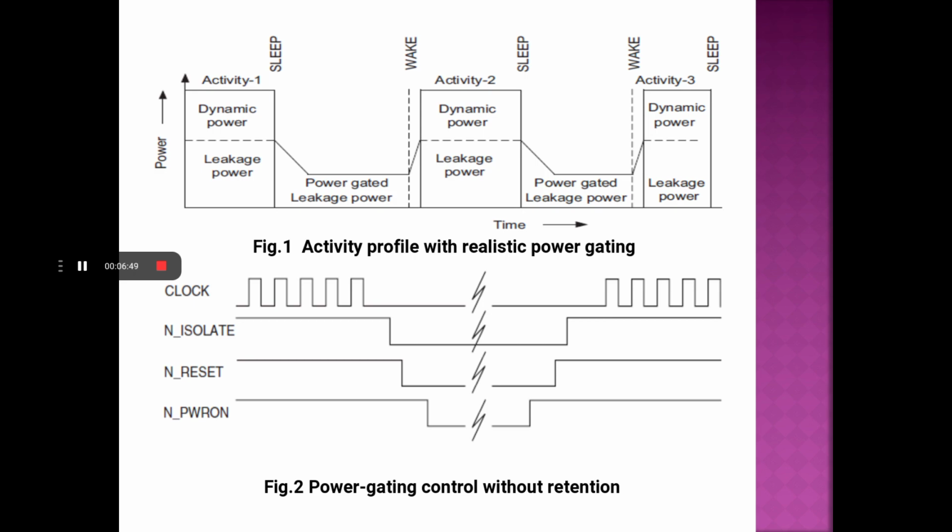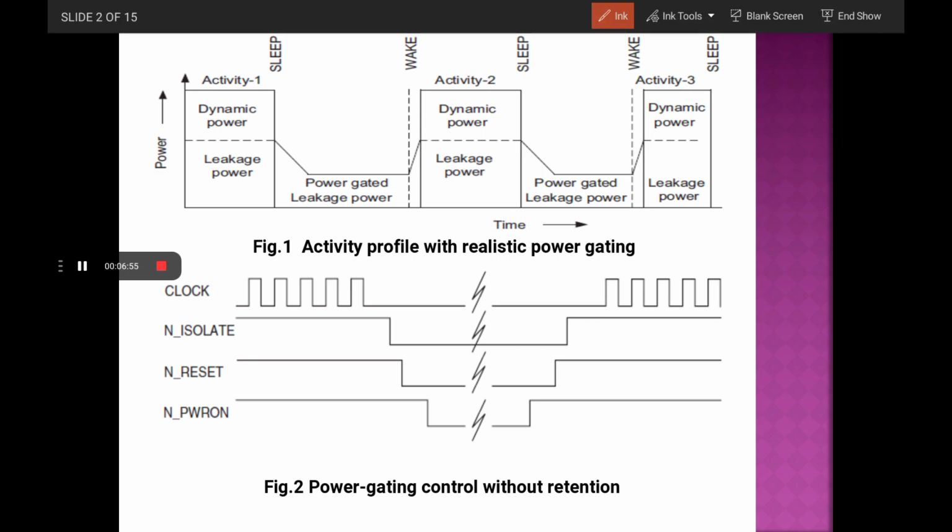This is an activity profile with realistic power gating. Here our basic intention is to provide the corresponding power supply. Previously we used the power gating signal like this, a power signal in the linear, active condition. This is the leakage power.